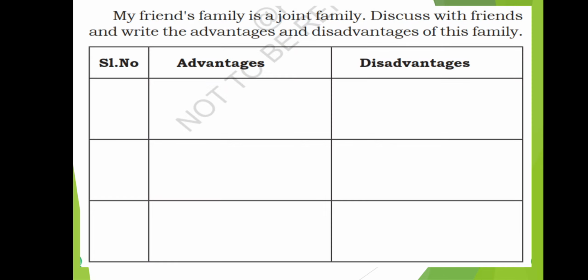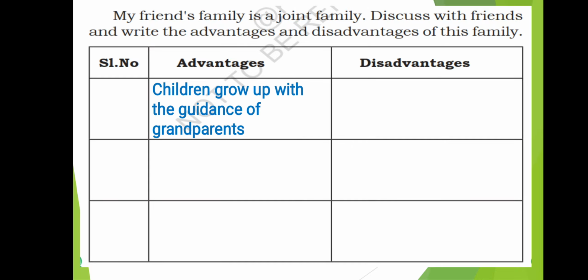Discuss with friends and write the advantages and disadvantages of the joint family. Here we need to discuss the advantages and disadvantages of being a part of a joint family. Serial number one, advantage: children grow up with the guidance of grandparents.